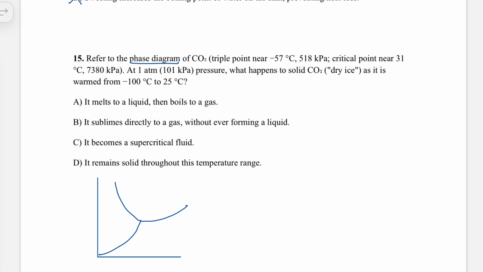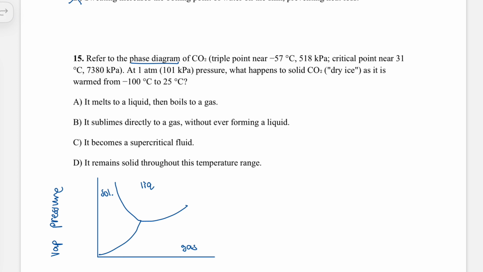Temperature is on the x-axis, vapor pressure on the y-axis. And what this tells us, this portion here is liquid, over here is solid, and then over here is gas. That's how you read the phase diagram.